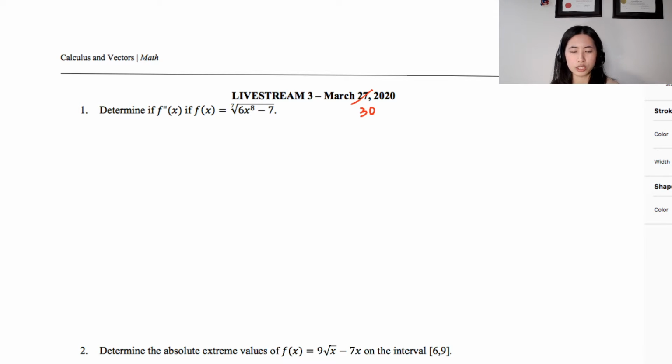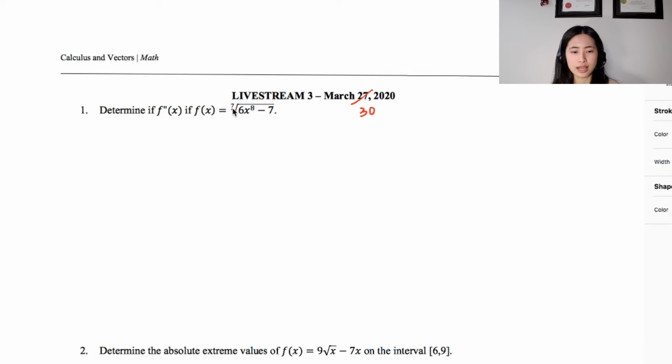Okay, so for the first question, probably until now we've been looking at first and second derivatives, and hopefully by now you are able to find the first and second derivatives by yourself. The first question says we need to determine the second derivative if f of x is equal to the seventh root of 6x^8 minus 7.